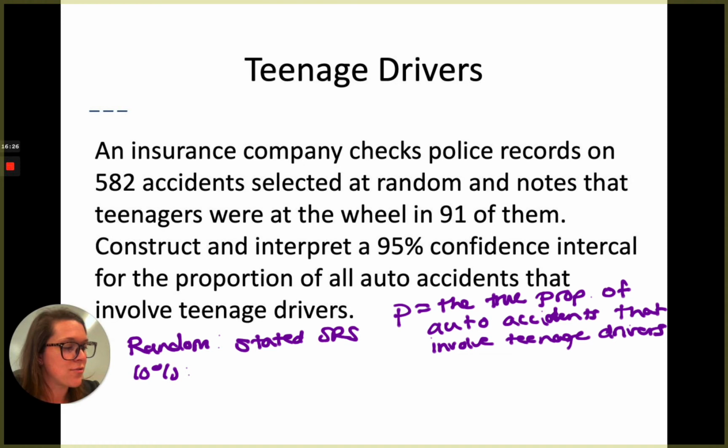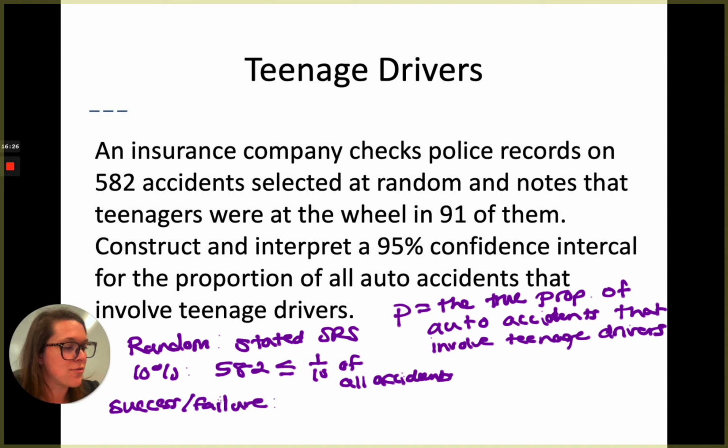I would say that 582 is less than or equal to 1/10 of all accidents. And success failure. And I've had people in the past write this in paragraph form, so if you want to write all of this in sentences, have at it. I won't tell you no.